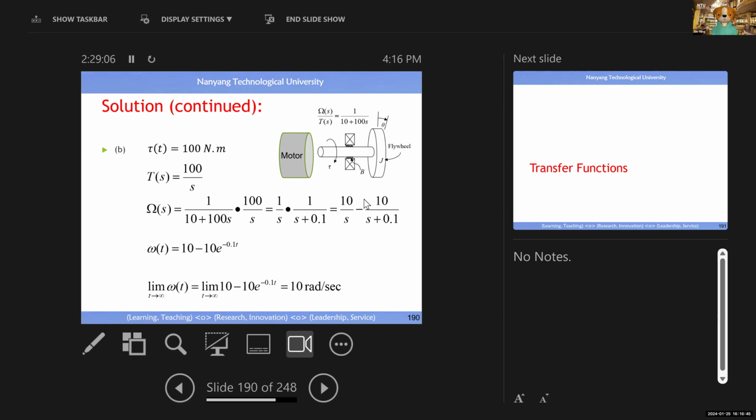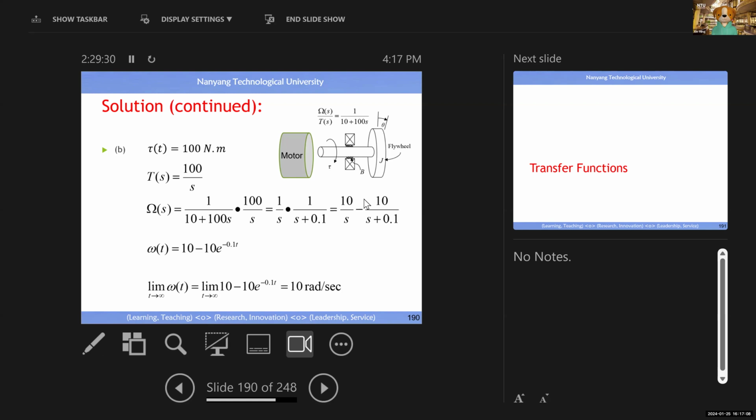So then output Laplace transform equals transfer function times Laplace transform of the input. You do the partial fraction expansion, you can easily prove this multiplication equals the sum of these two terms, right? Then you apply the rule, and we come back to time domain. 1 over s in time domain is 1.